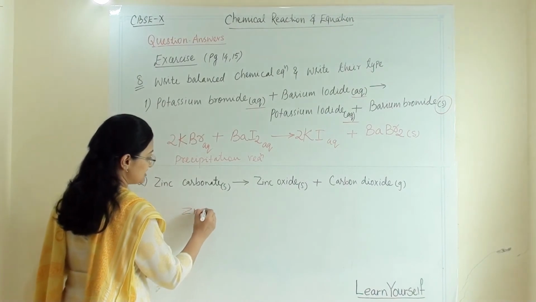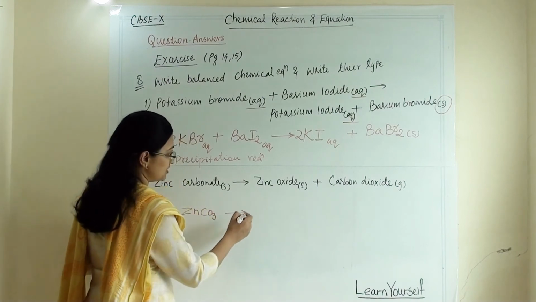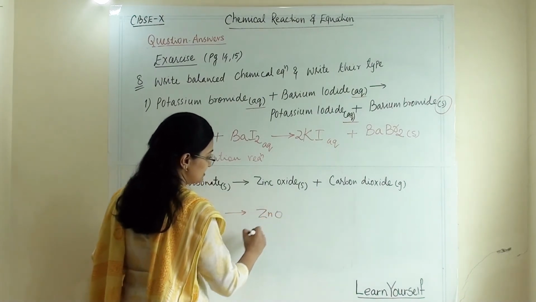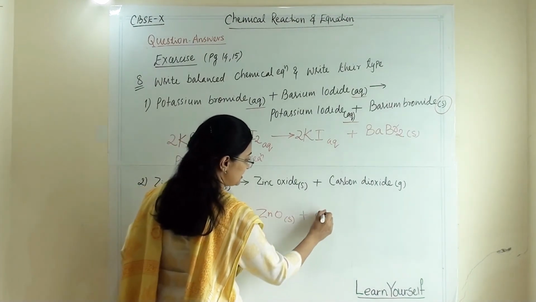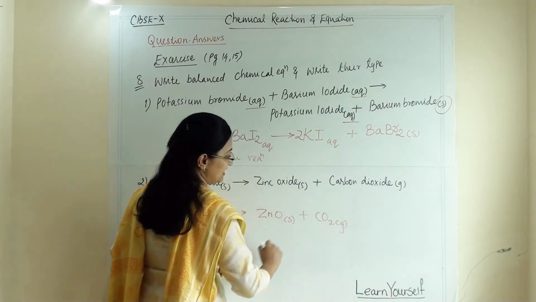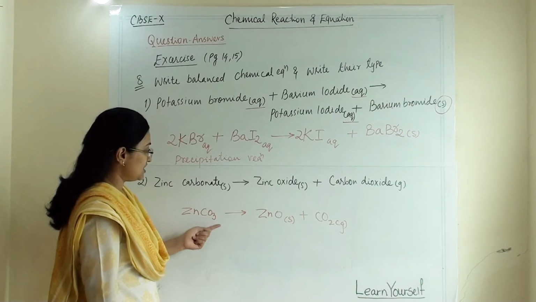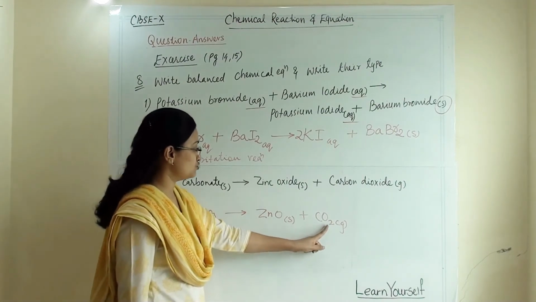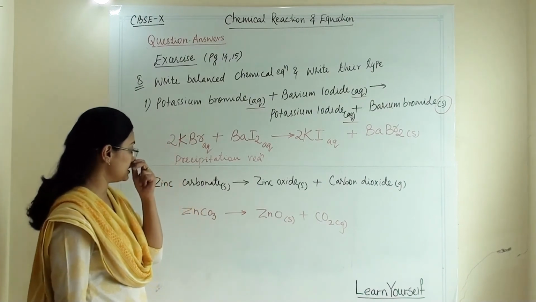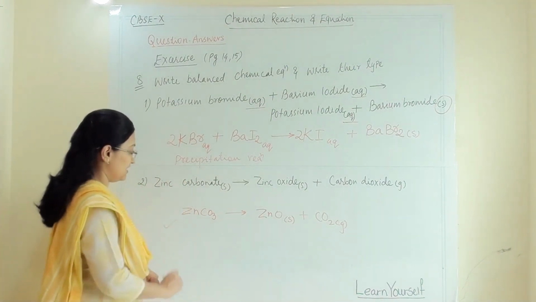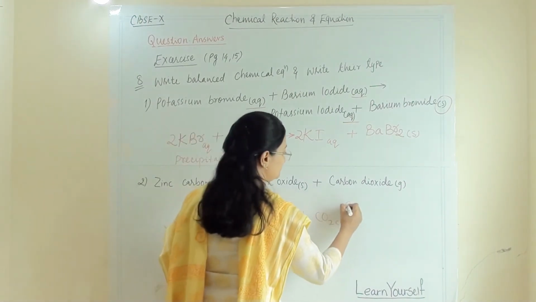Zinc carbonate is ZnCO3 and it will give us zinc oxide, ZnO, which is solid, plus carbon dioxide, CO2, which is gas. Oxygen is 3 here, 1 here and 2 here, so 3. Zinc is 1, carbon is 1. So our equation is balanced, and the type of reaction is decomposition reaction.